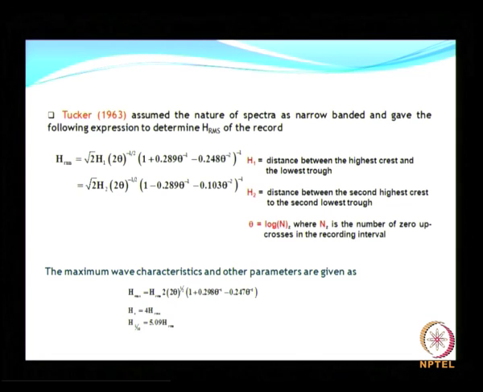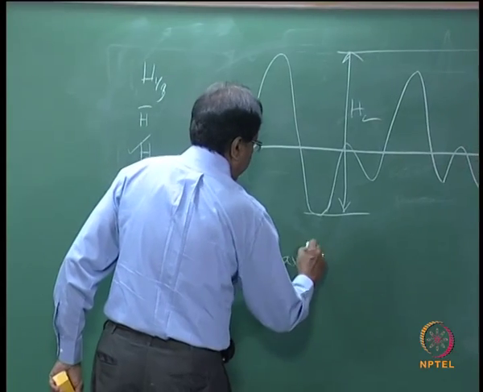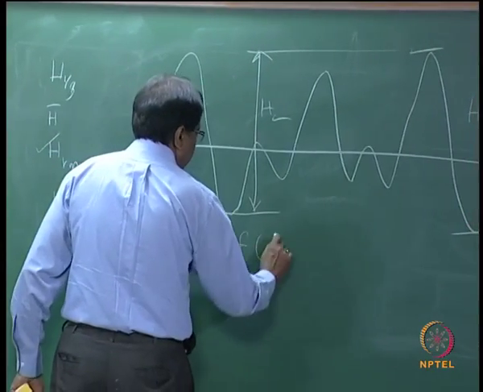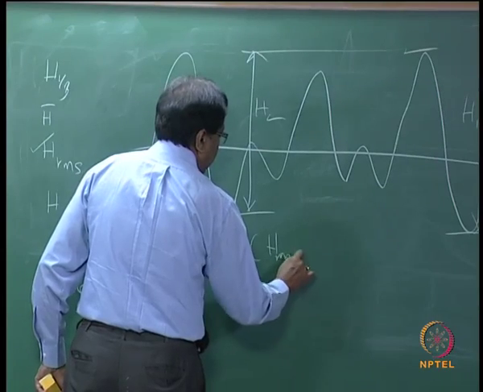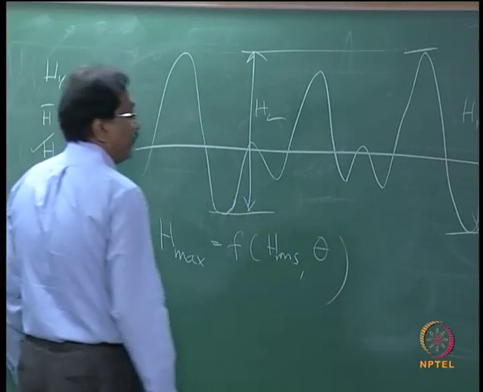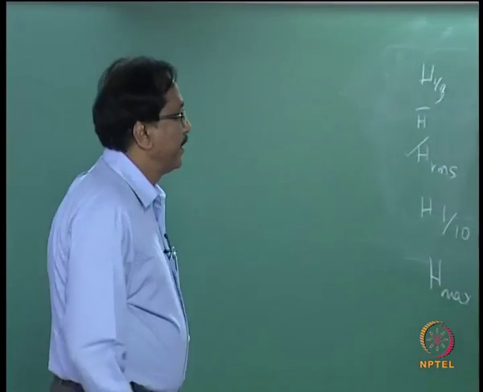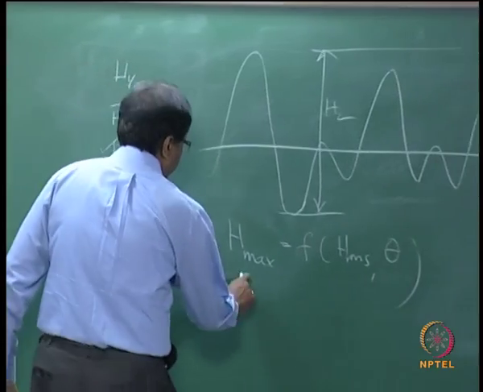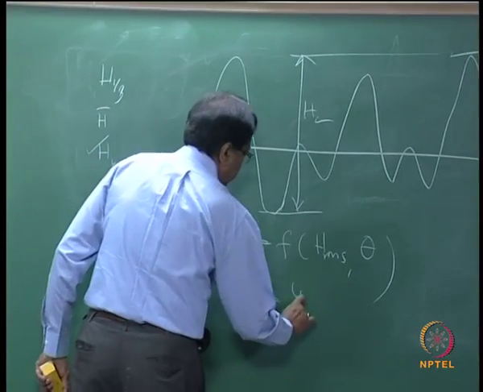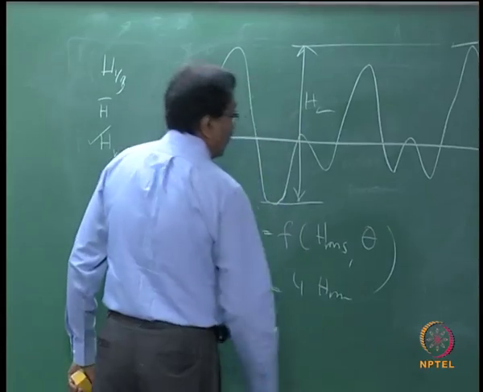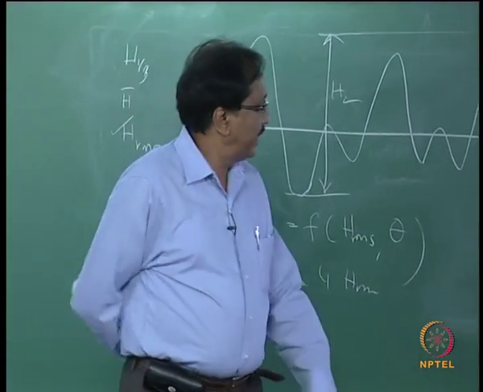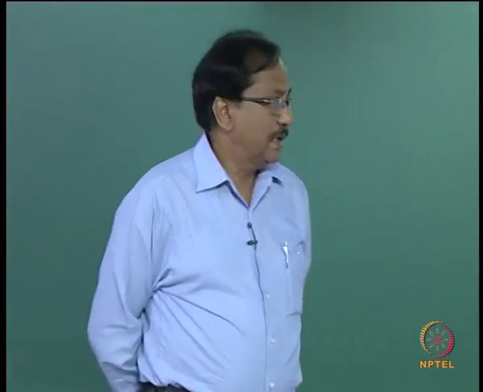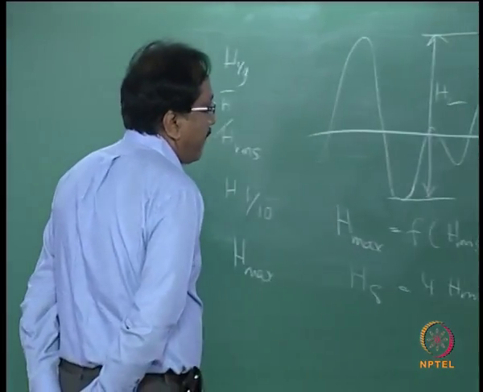The first one is H max, which is of course going to be a function of HRMS and theta, okay, and HS is equal to 4 times HRMS, and the final one is H110 is 5.09 times HRMS.